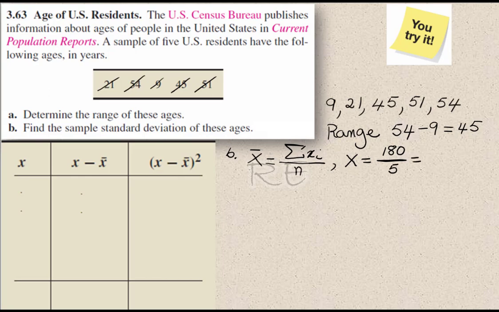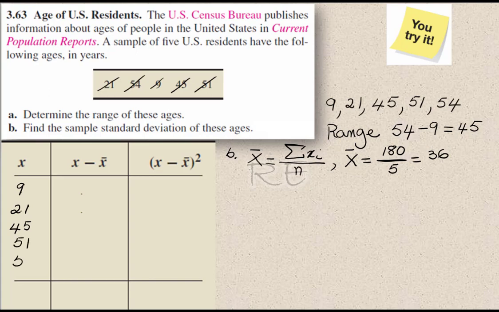So the mean is going to be 36. Well, now we're going to list all the scores in increasing order.